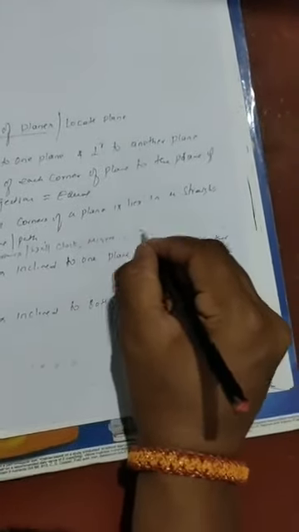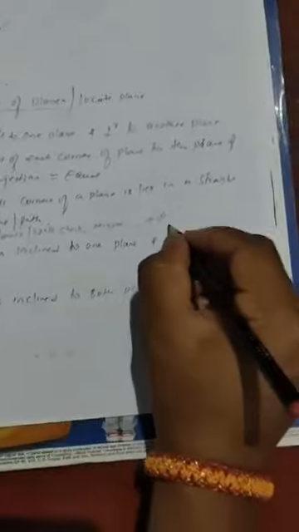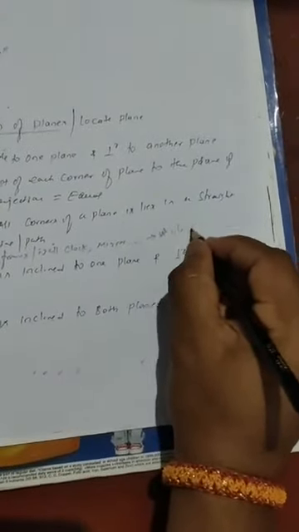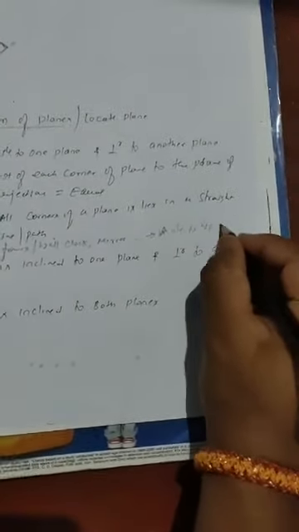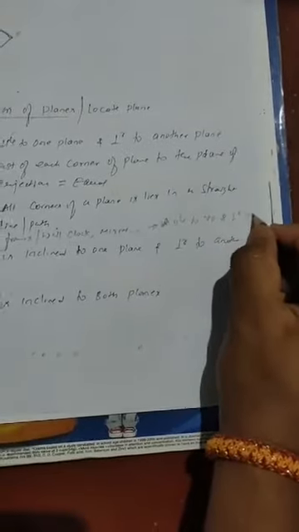These are objects which are parallel to VP and perpendicular to HP. Is it right? So the plane is parallel to one plane and perpendicular to another plane. Example: photo frames, wall clock, mirror, etc.